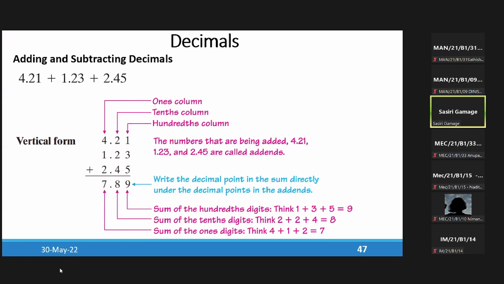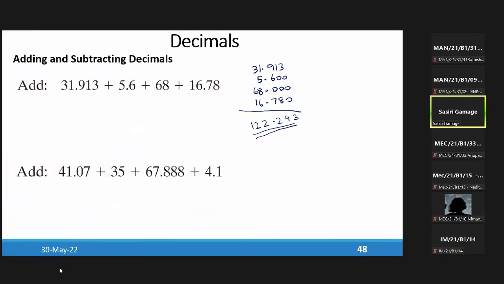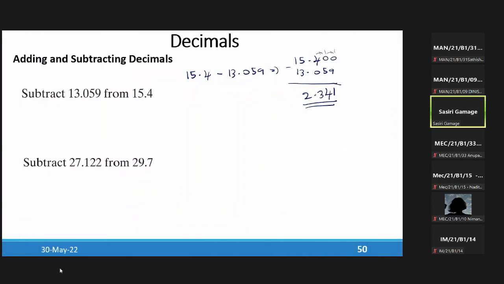Then we did that addition and subtraction, and I did something as well. And this is subtraction.